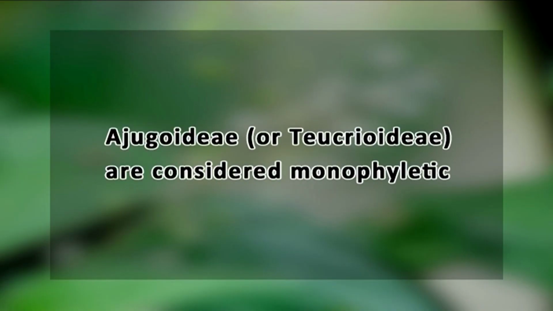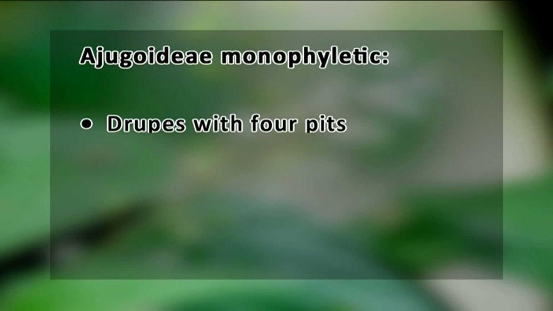Several monophyletic groups can be distinguished within the family Lamiaceae. Ajugoideae, or sometimes called Tichoroideae, can be considered a monophyletic group, or nowadays we recognize it as a subfamily. The basis for recognition of Ajugoideae as a separate clade or subfamily is that their drupes have 4 pits.